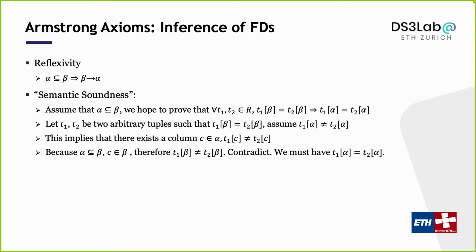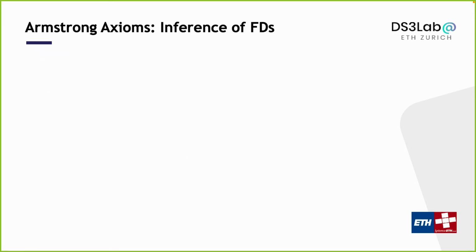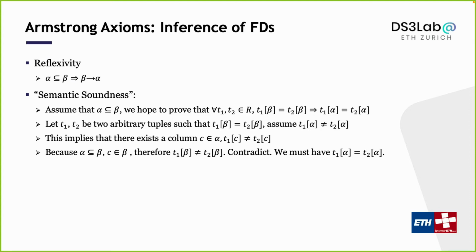But because alpha is a subset of beta, C must belong to beta, so beta shouldn't match. You have a contradiction. So T1 alpha equals T2 alpha. Alpha also needs to match because it's simply a subset, and then you are done. There's nothing fancy in the proof. It just tells you this inference rule at the syntax level is semantically sound. Whatever functional dependency you derive by applying this rule is semantically correct.